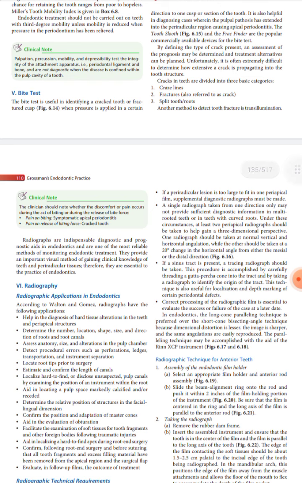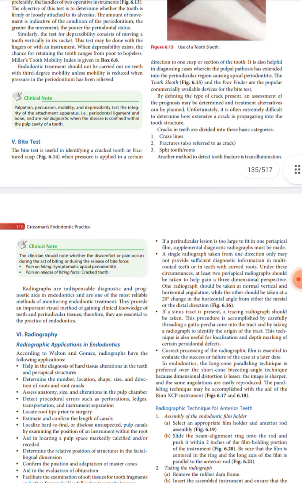Look, the bite test. By defining the type of crack, its presence and assessment of the prognosis may be determined, and alternative treatment can be determined. Cracks in teeth are divided into three basic categories, such as craze lines, fracture, and split tooth.